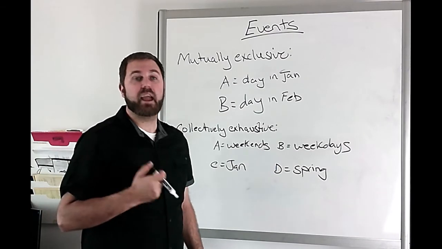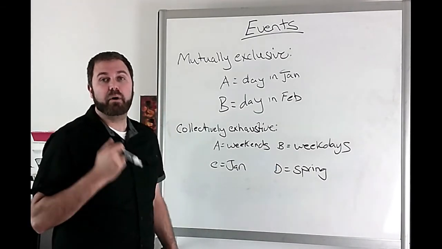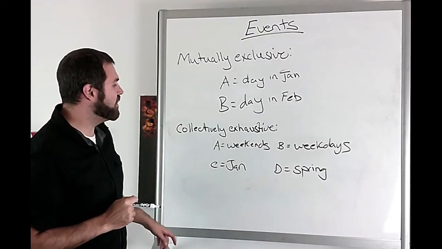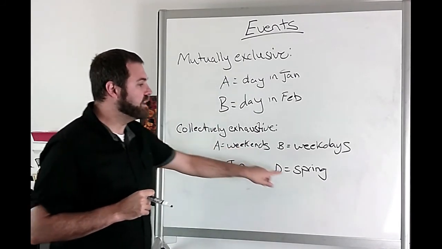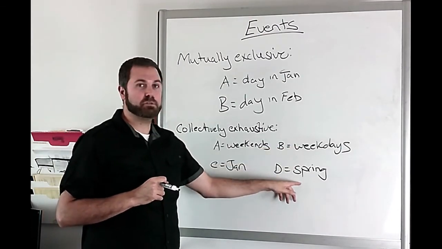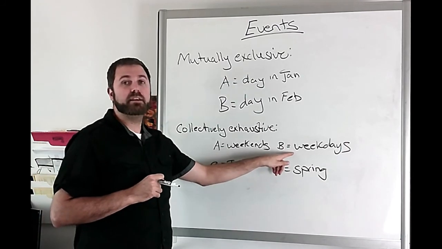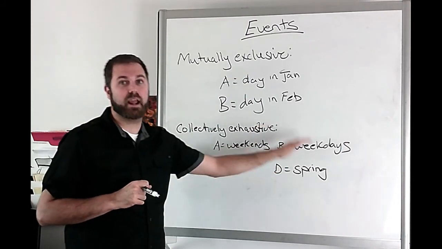So events A, B, C, and D are collectively exhaustive, but they're not mutually exclusive because you can choose both a weekend in January or a weekend in spring or a weekday in January or a weekday in spring. But weekends and weekdays are mutually exclusive because you can't be both a weekend and a weekday.